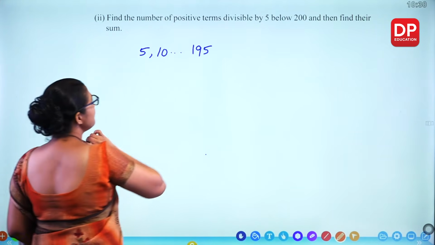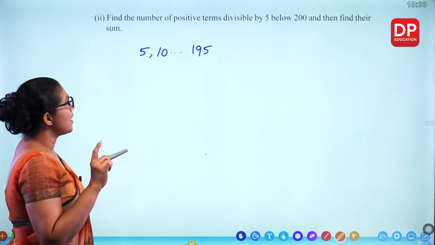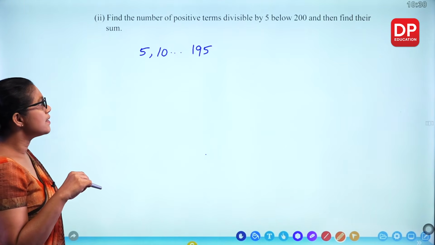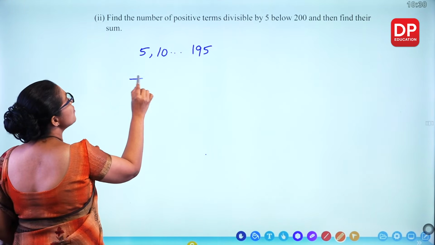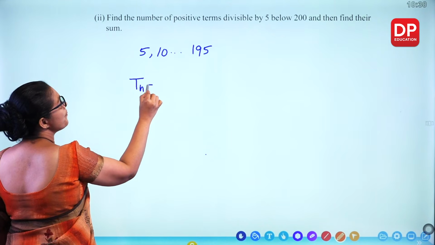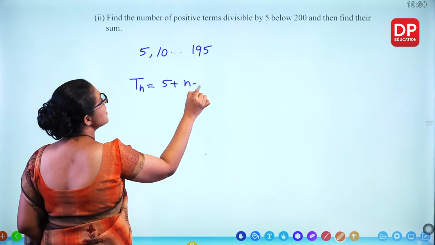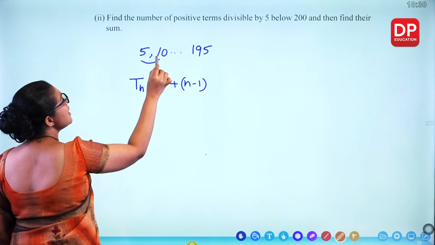195. So we need to find out how many terms are there and then find the sum of all terms. So we'll use the nth term formula, a plus (n minus 1) d. What's d?